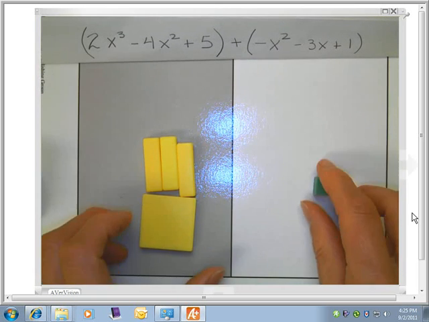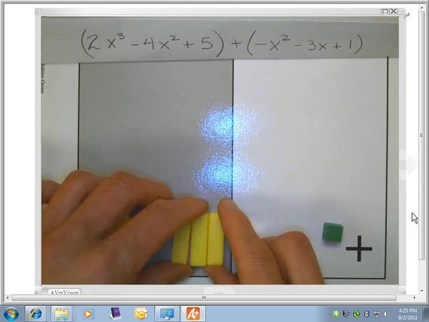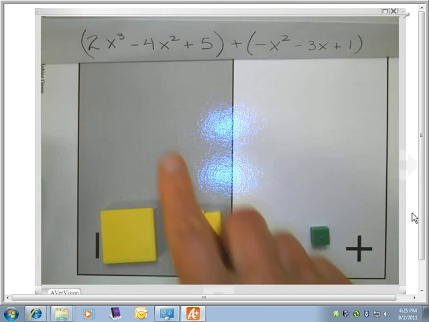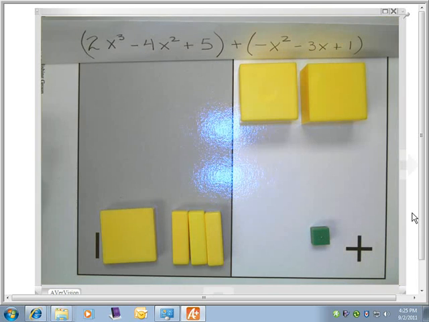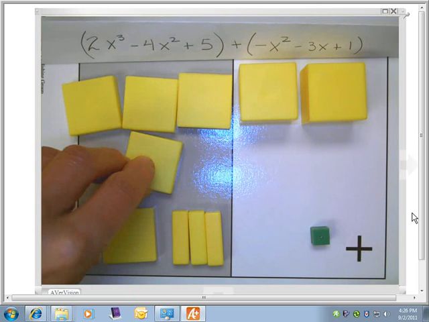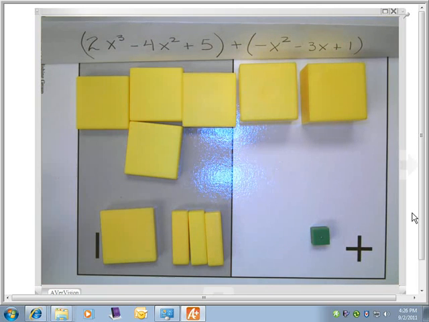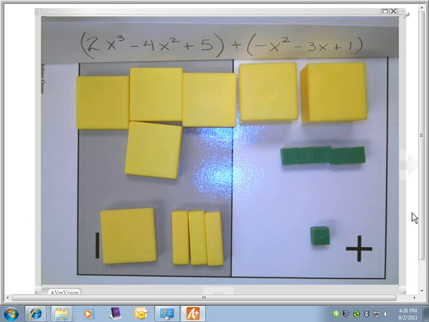So remember that this was our second equation: negative x squared minus 3x plus 1. And our first equation was 2x cubed minus 4x squared plus 5.